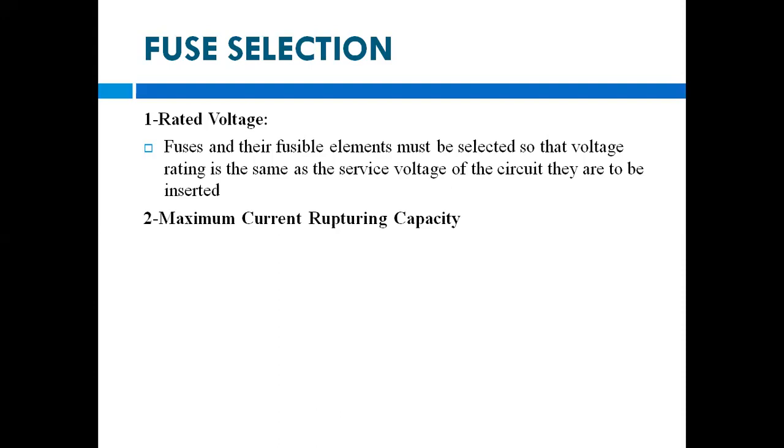So that capacity of the fuse to bring the current to the minimum or zero value after a fault occurs is the maximum current rupturing capacity of that fuse.